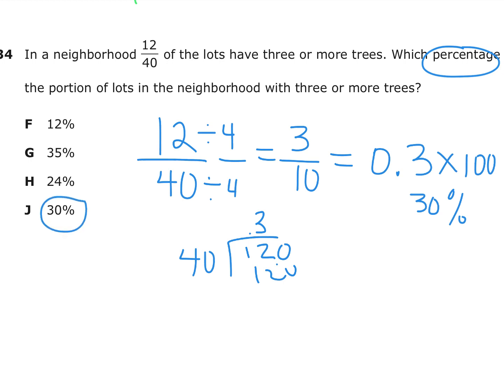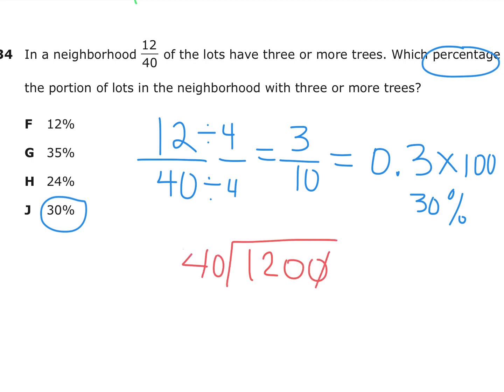So another thing that we could have done is when you have 12 over 40 and you multiply that by 100, you now have 1200, and then divide this by 40. And one of the zeros will cancel with that, and 4 into 12 is 3, 4 into 0 is 0, and that's 30%.